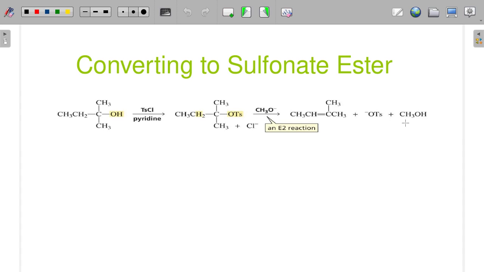Now it's showing OCH3 here, and OCH3 is a strong nucleophile, and we could suspect it might be capable of doing SN2 type reactions, but this being tertiary, there's no way that's going to be doing any SN2. So E2 is favored, and you do actually end up making the most stable Zaitsev product.